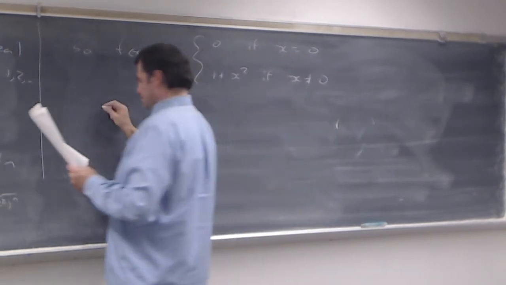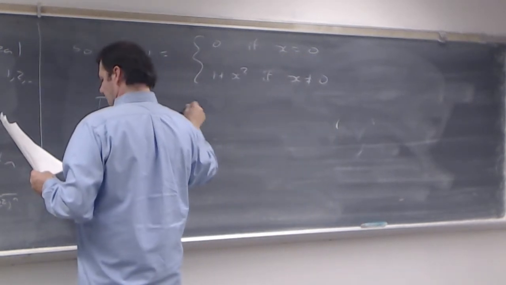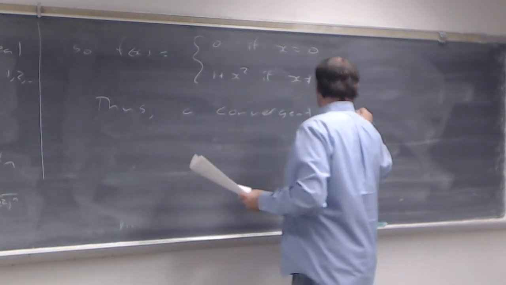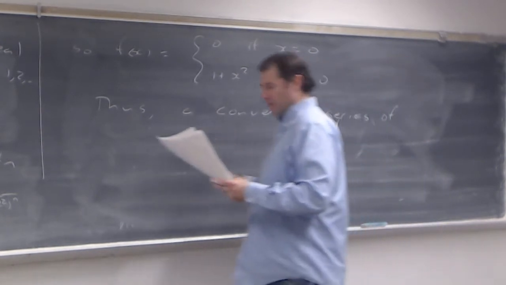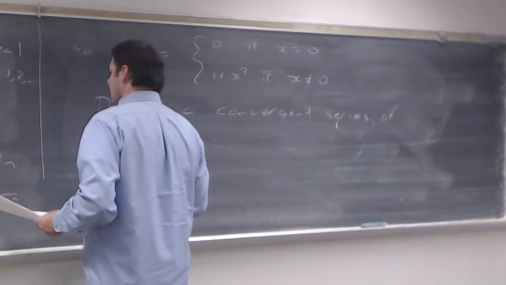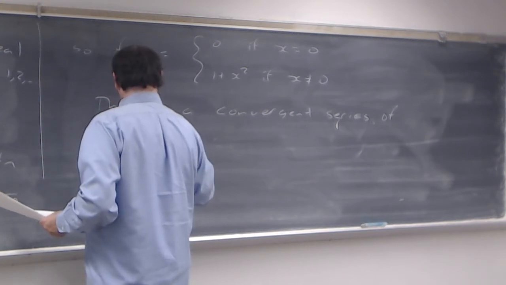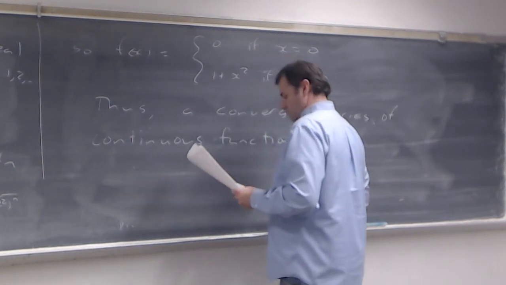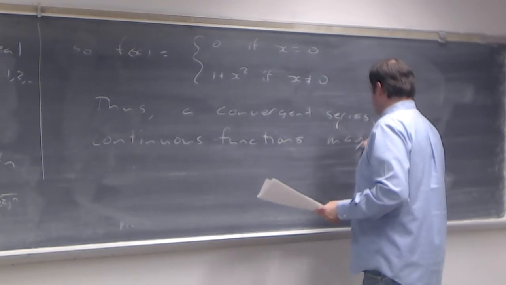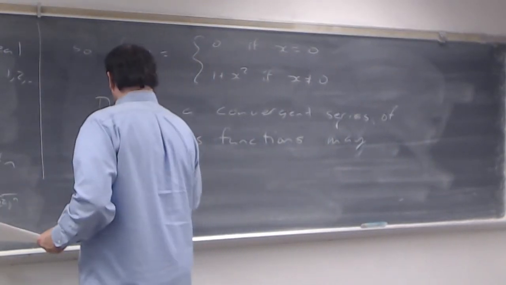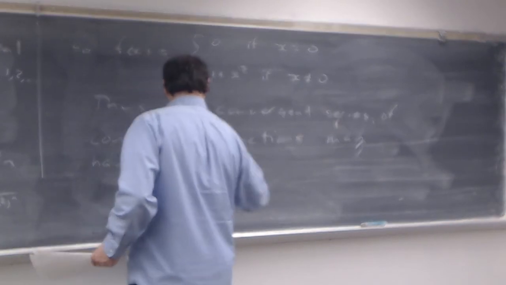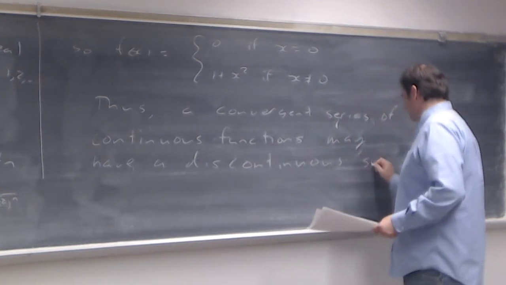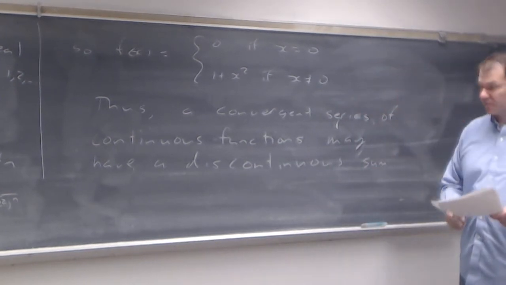So what this shows is a convergent series of continuous functions, for each f sub n was continuous, that may have a discontinuous sum. That's an example.